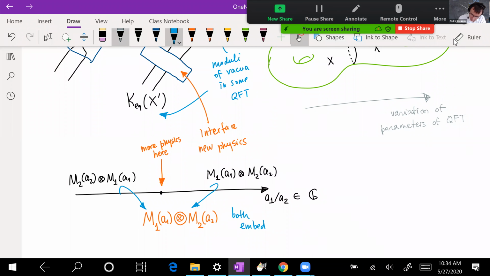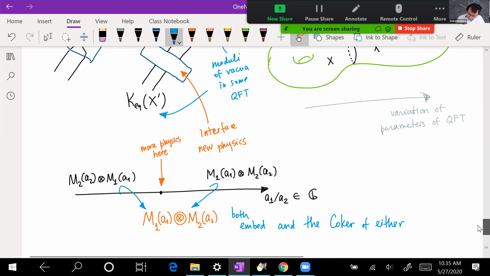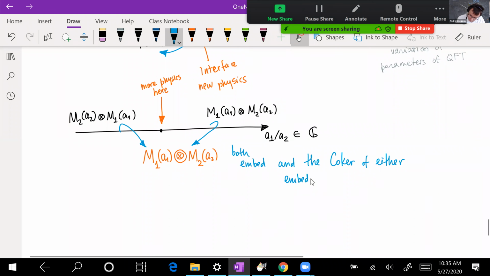And the co-kernel of this embedding, of either embedding, is torsion. Does everybody understand this meaning? Torsion means a module annihilated by something.